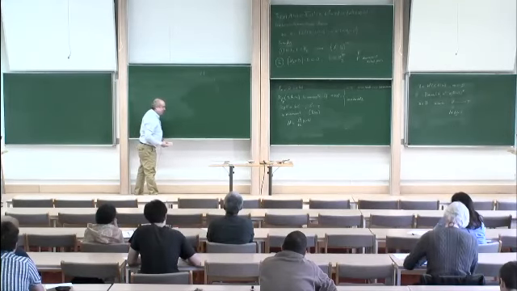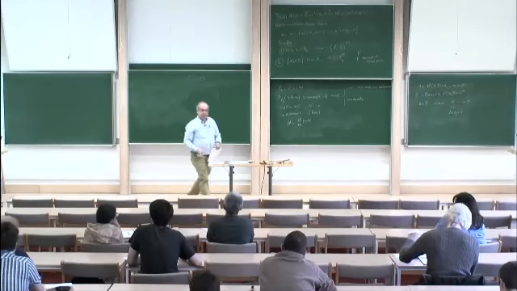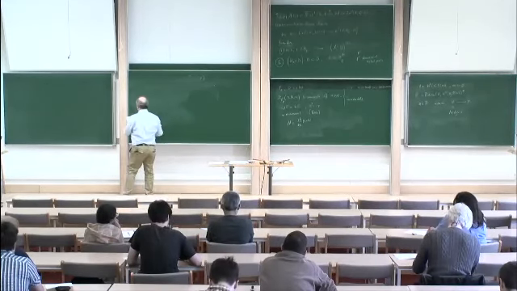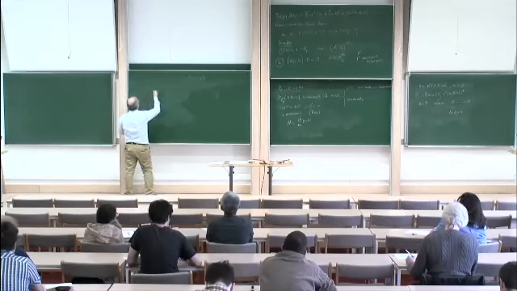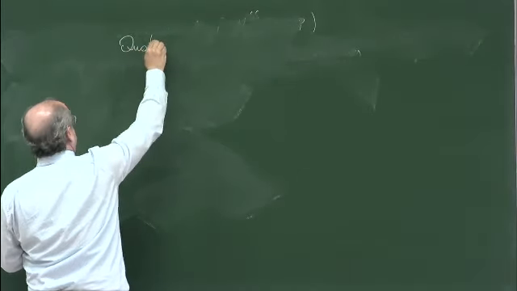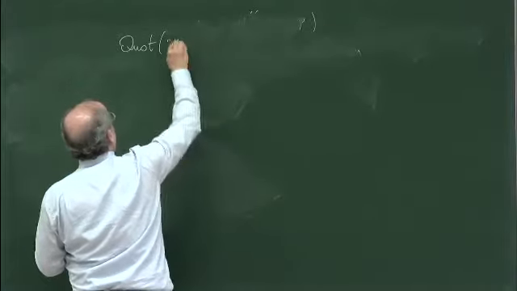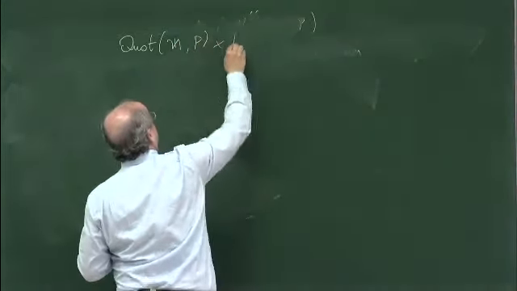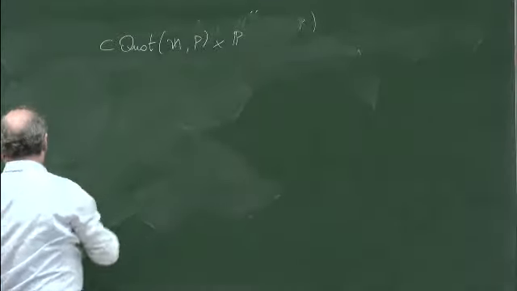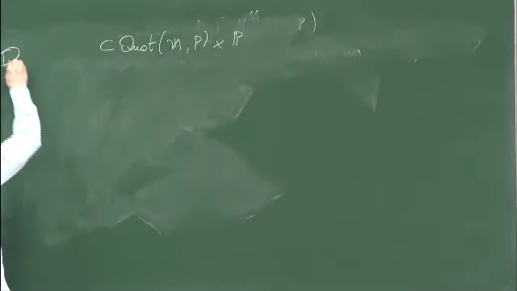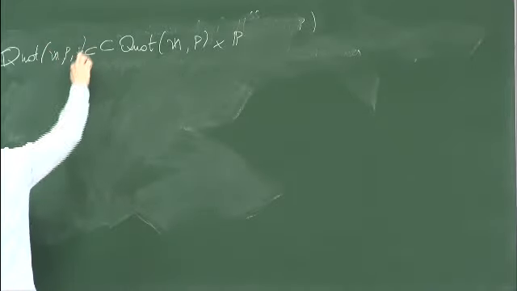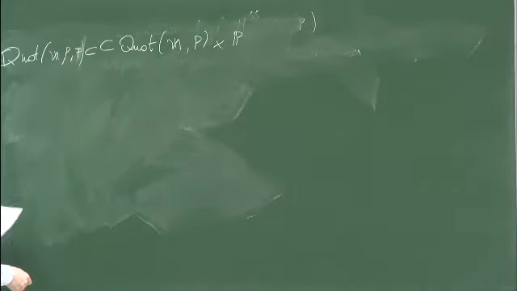Here I must be very sketchy if I want to get to the end of it. And the construction is not particularly new. So the idea is that inside the Quot scheme parameterizing quotients of H with Hilbert polynomial P, I consider a kind of incidence variety that I call fat Quot. In principle, this depends on F as well.